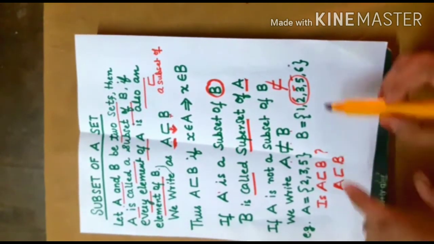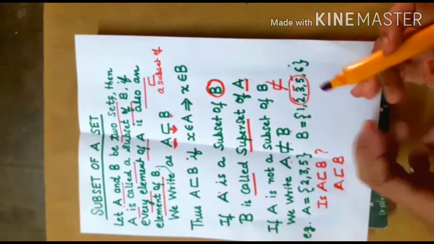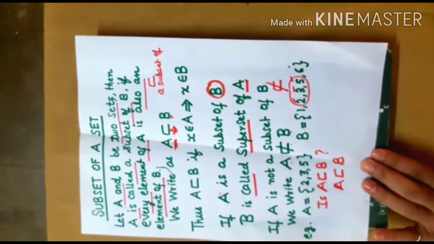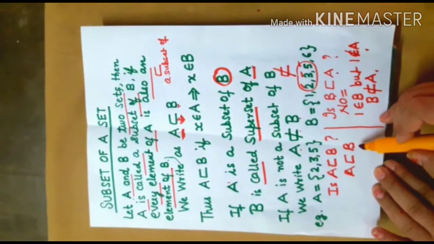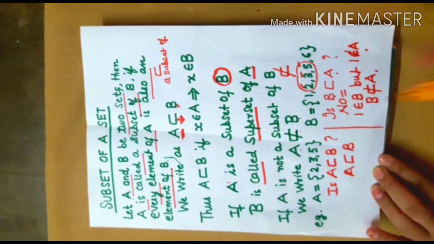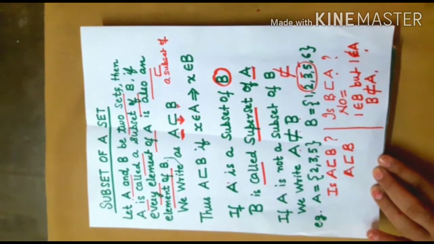That is, A is contained in B, which means that A is a part of B. So here we have seen that A is a subset of B. If I ask you, is B a subset of A?